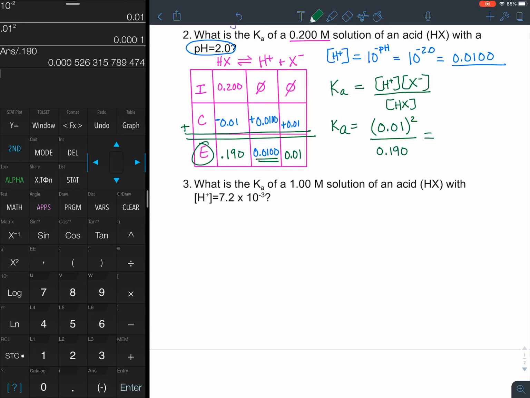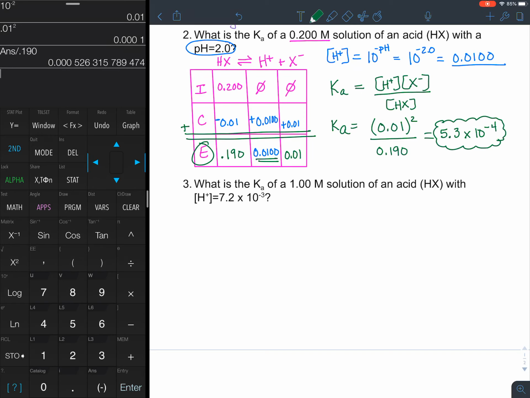We can go ahead and just round this to 2 sig figs. When you take AP, or if you take AP Chem later on, we'll talk more specifically about sig figs with these, but let's go ahead and just use that smallest value for now. And we're going to make that 5.3 times 10 to the -4th then in our rounding. Okay, so there is our answer for number 2.